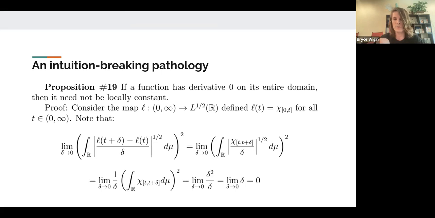So we can consider the curve from the positive reals into the not locally convex space, the locally concave space, L^{1/2}. We're going to define our curve to be equal to, at every single time t, the characteristic function for the interval from 0 to t.